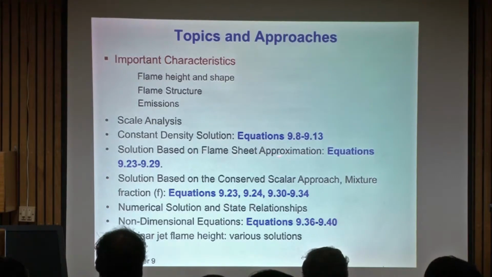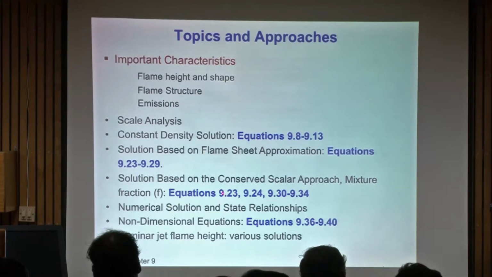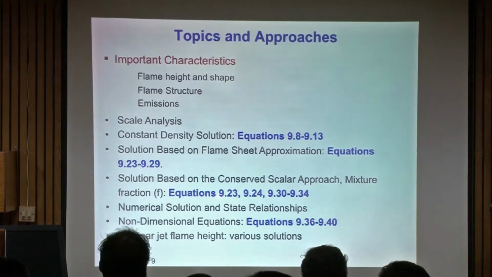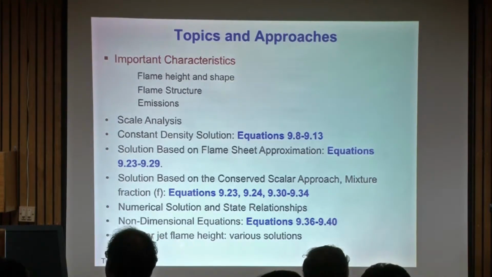We'll discuss this flame sheet approximation. This part, I'm not going to include the conserved scalar approach in these lectures. So this bullet and the next 3 bullets are not included, but then we'll discuss in detail the flame length, and then various solutions for the flame length.